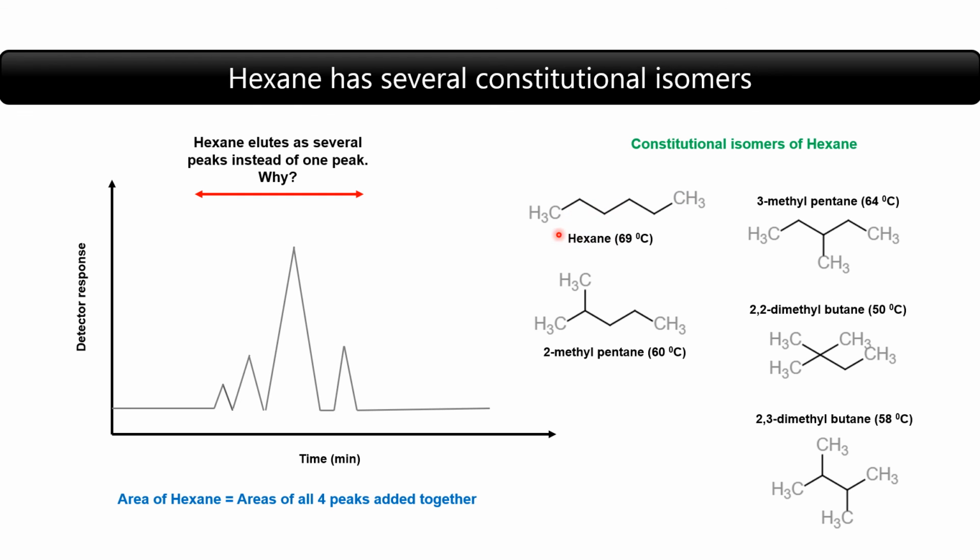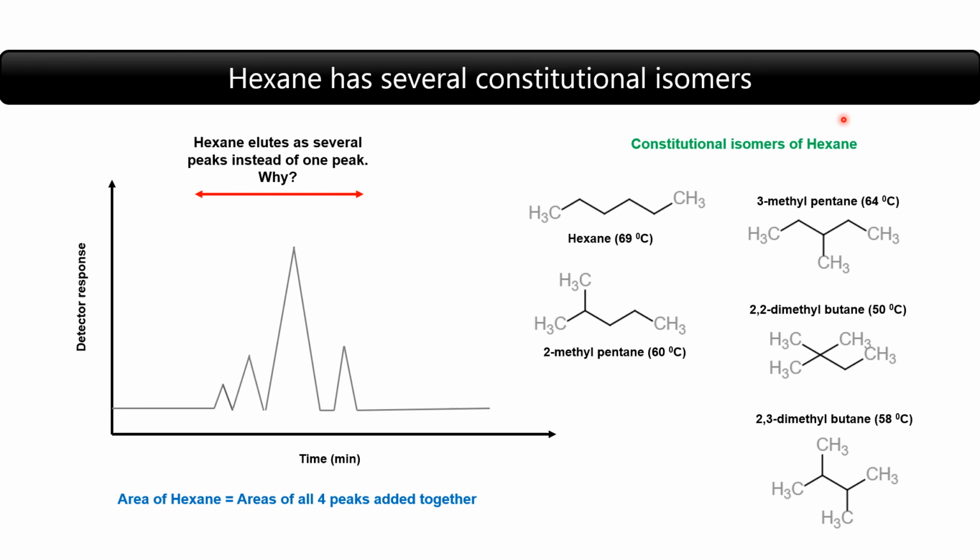So here's hexane, the one that we are mainly focused on, but there can be other constitutional isomers, that is, other molecules that share the same molecular formula of hexane, C6H14, but their atomic arrangement is different, or their spatial arrangement is different.